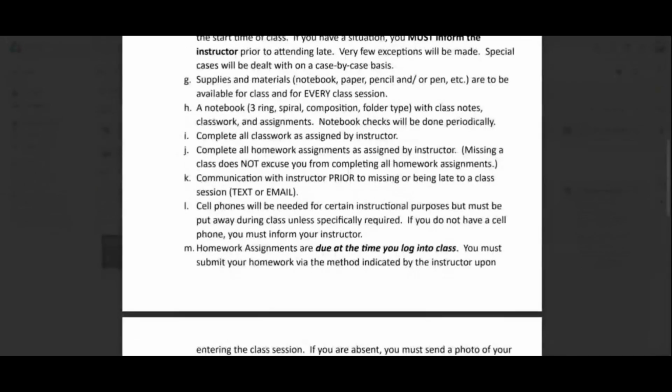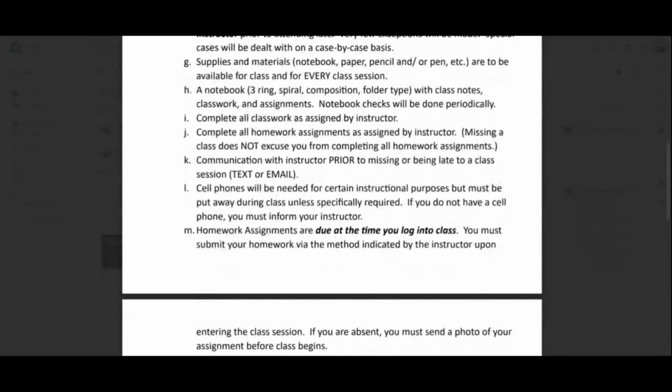You need to complete all homework assignments as assigned by instructor. Missing class does not excuse you from completing your homework. This is a biggie, because if you're not going to do the assignments, you're not going to stay in class. You might not get caught the first time, the second time, maybe not even the third time, but you're eventually going to get caught.